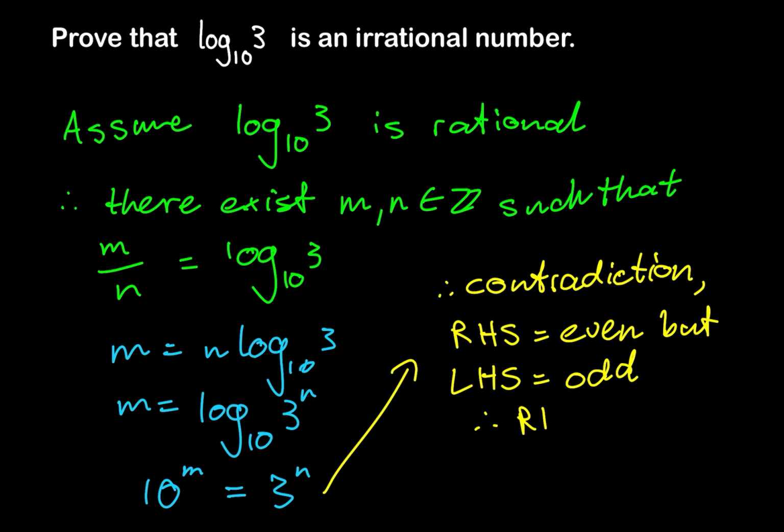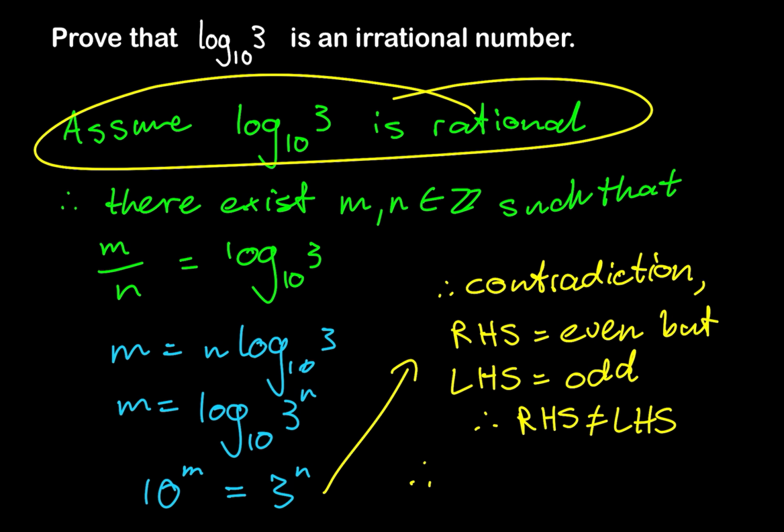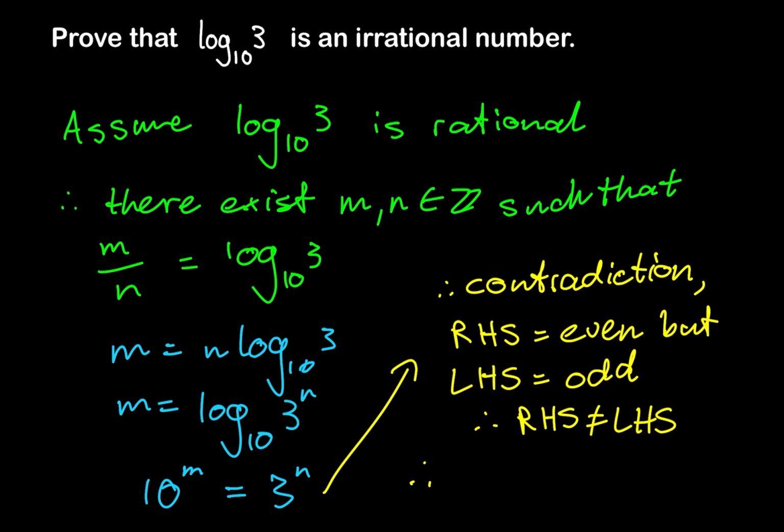Therefore, the right-hand side cannot equal the left-hand side, because an odd number can obviously never equal an even number. So we found a contradiction, so we know that this statement does not hold, so it must be false. So we can say that log of 3 to the base 10 is in fact an irrational number.